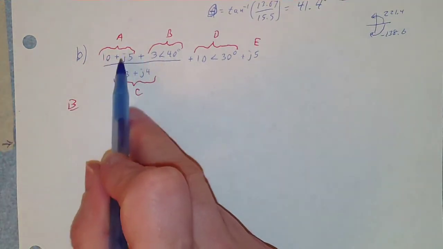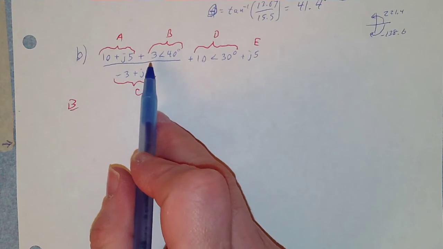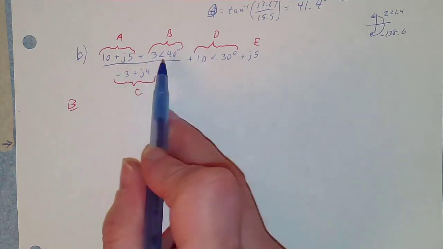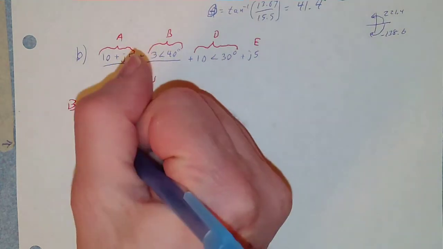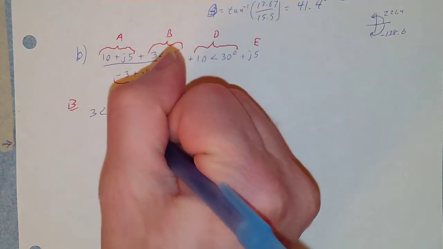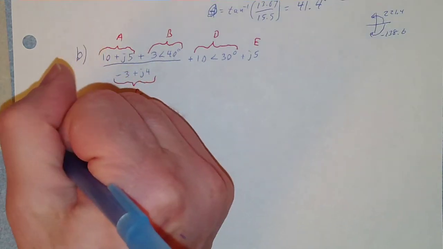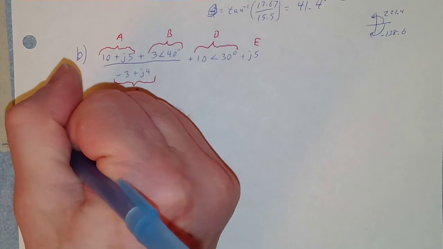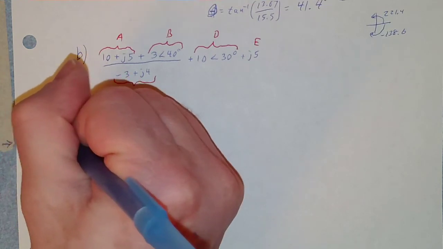Remember, addition is typically better done in rectangular coordinates. So I'm going to convert B to rectangular. 3 angle 40 looks like 3 at an angle of 40 degrees.